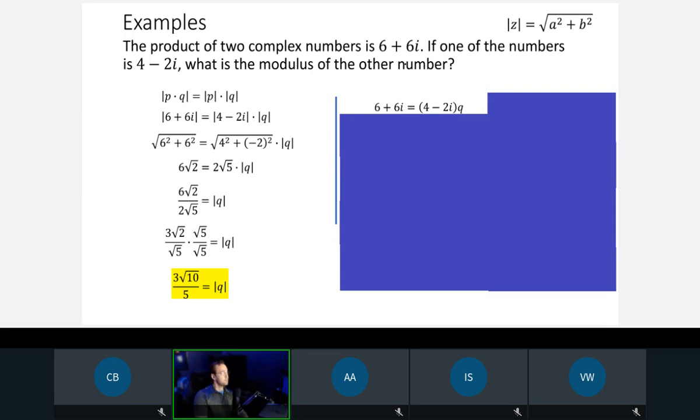All right. So the setup. The product of two complex numbers is 6 plus 6i. So here's the product. We have this complex number times this complex number equals this. So we know that multiplying them together gives us 6 plus 6i. We know that one of the complex numbers is 4 minus 2i.